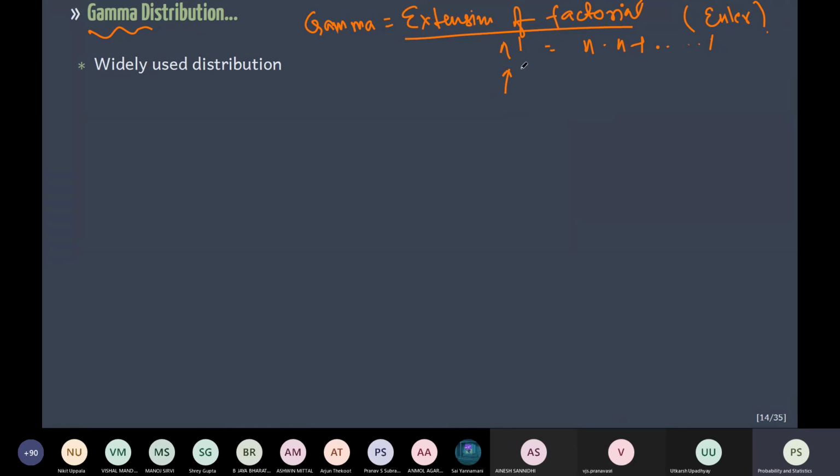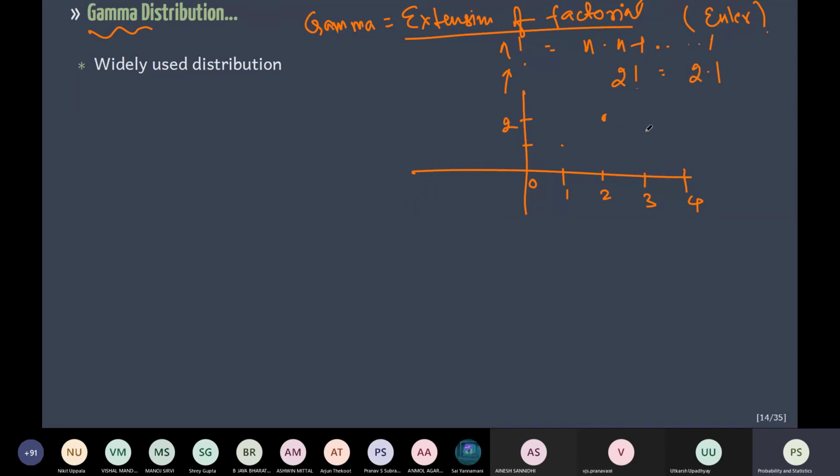The question was, can we extend this factorial function to something that holds for the general case, right? So for instance, here I have 0, 1, 2, 3, 4 and so on. At 1 it's 1, right? At 2, 2 factorial is 2 times 1, so at 2 it's 2.